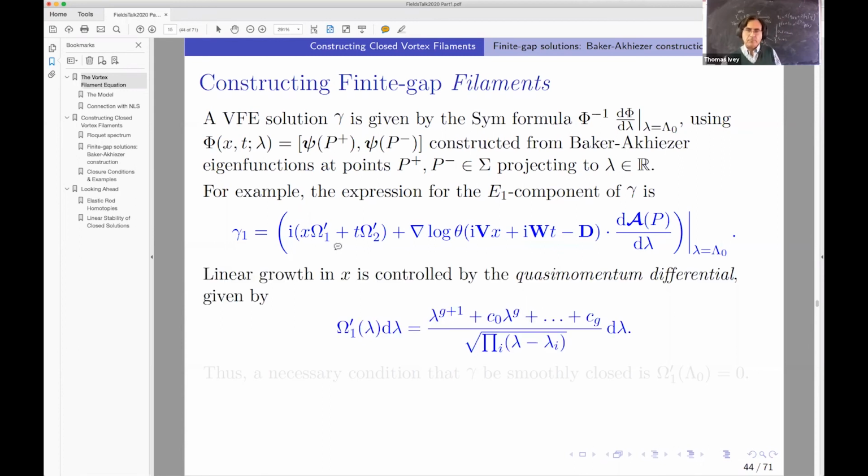So you have to make sure that this omega 1 prime, which is a certain differential called the quasi-momentum differential, which again is uniquely determined by your Riemann surface, is evaluated at a point where this numerator is 0. That's just a polynomial. There'll be G plus 1 of those points where you can make sure that this quasi-momentum is 0. So that's a necessary condition to get a gamma that is smoothly closed in three-dimensional space.